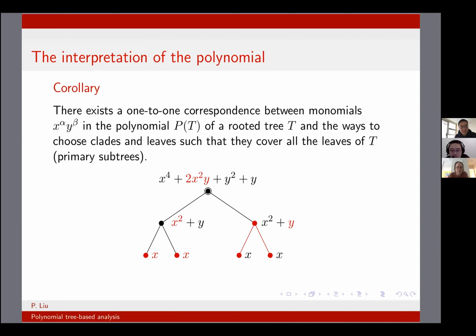So you're asking, once you know all the terms, or all the primary subtrees, or all the choices of clades and leaves, can we prove that the tree can be uniquely represented by this? Right.